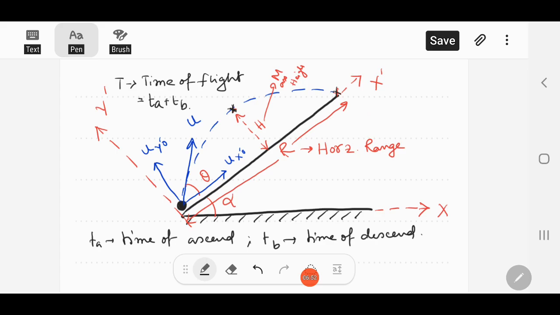So we can write here that ux dashed naught will be u cos theta, and uy dashed naught will be u sin theta.